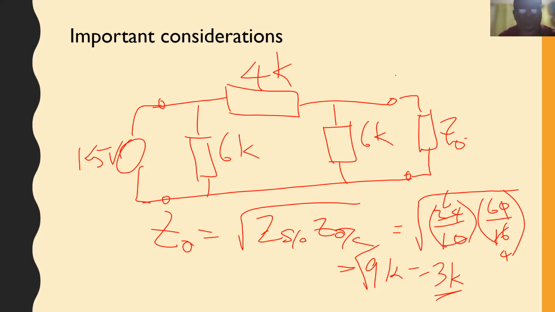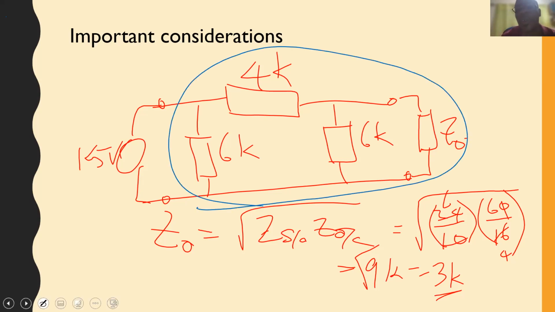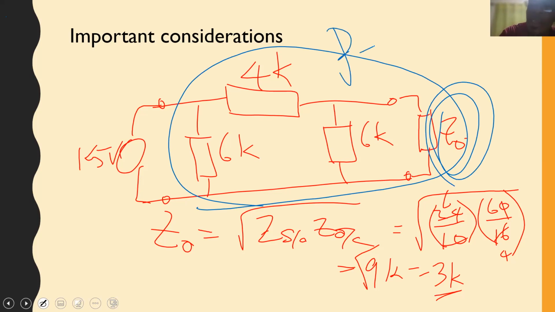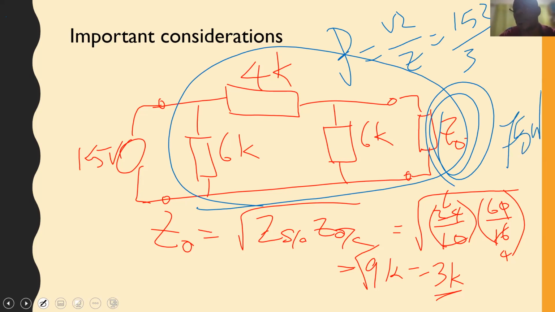Thank you very much, Mr. Powell. This is what the 15 volt supply is feeding. Because it is terminated in this, P is simply equal to V squared over Z, which is 15 squared over 3, which gives you 75 watts.